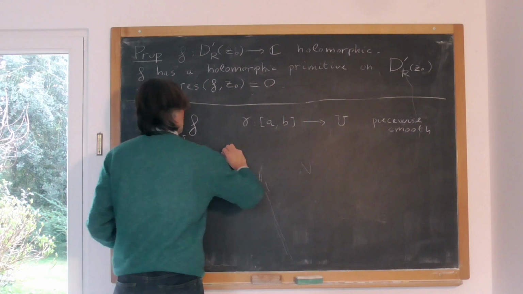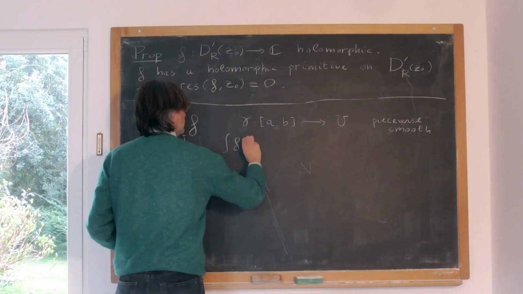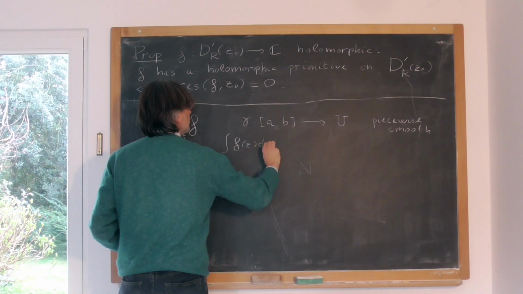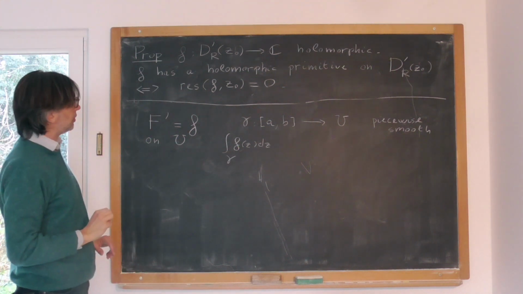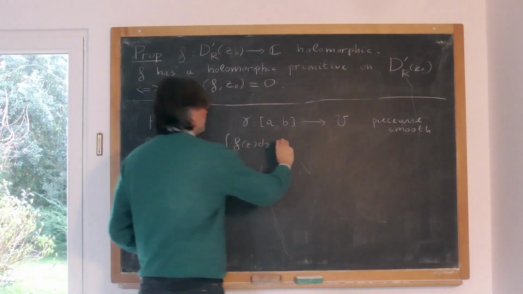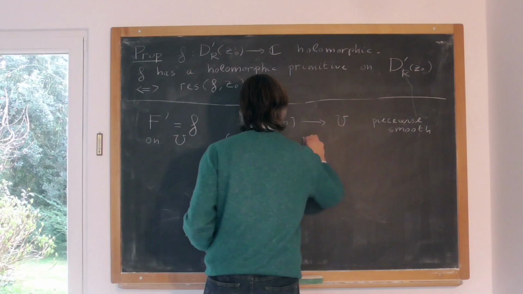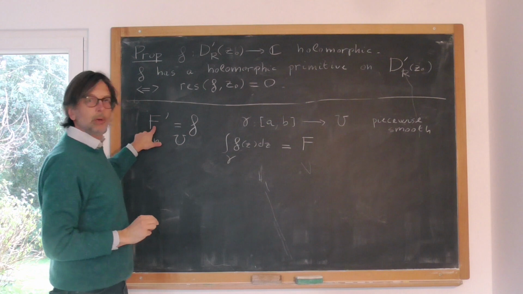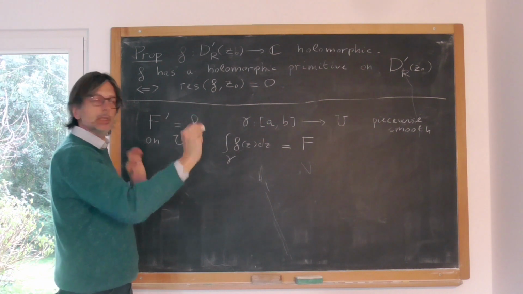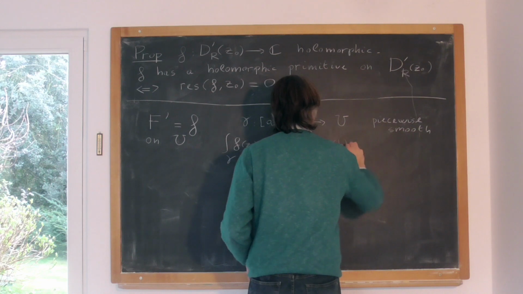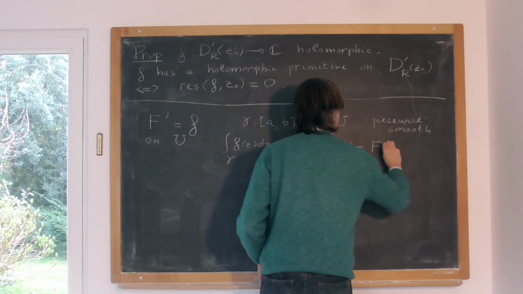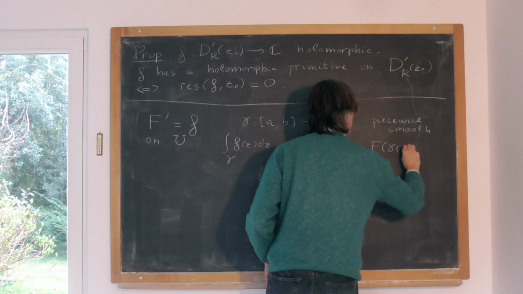Then in this case, the integral of the function small f dz along this curve gamma is just the difference of the values of the primitive big F at the two endpoints of the curve. So it's F of gamma b minus F of gamma a.